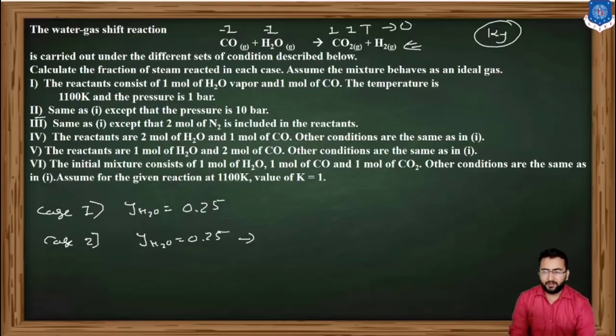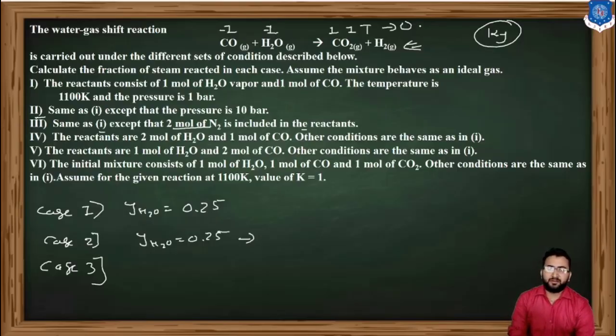For the third case, all the data is the same as case 1, except that 2 moles of N2 are included in the reactant. Here the stoichiometric number is 0, so there is no effect of inert material on epsilon. We discussed this in the various factors affecting homogeneous gas phase reactions, where we discussed the effect of inert material.